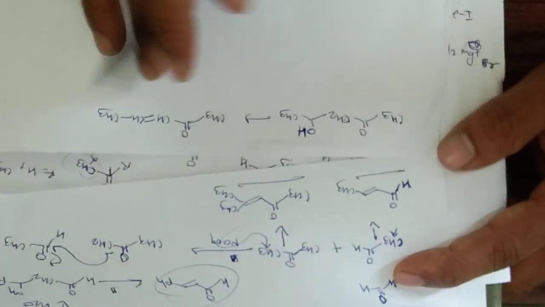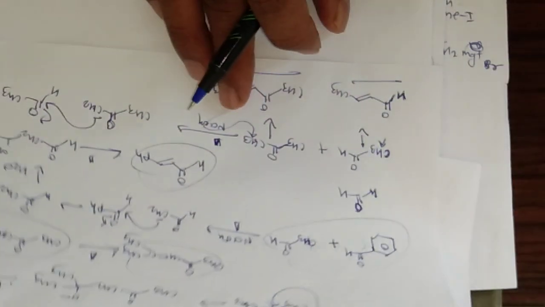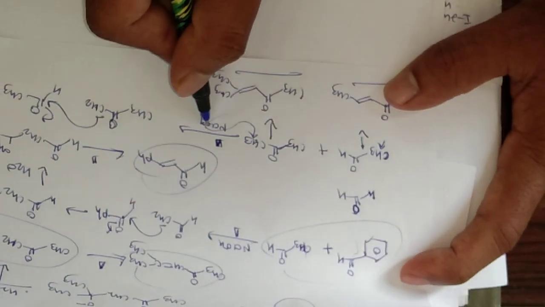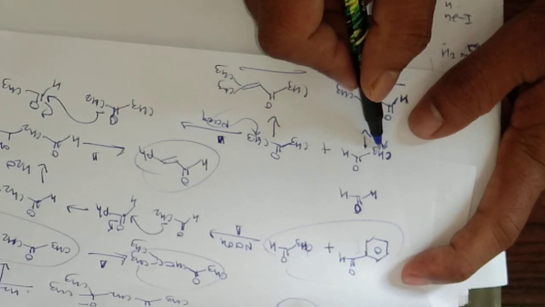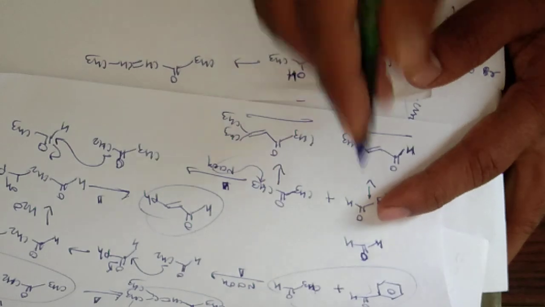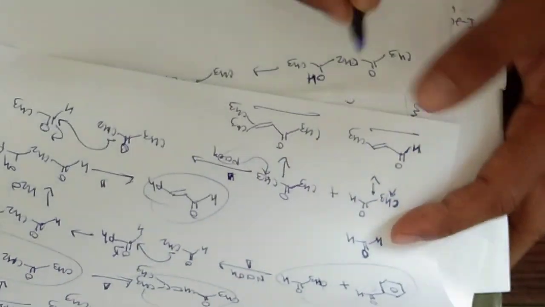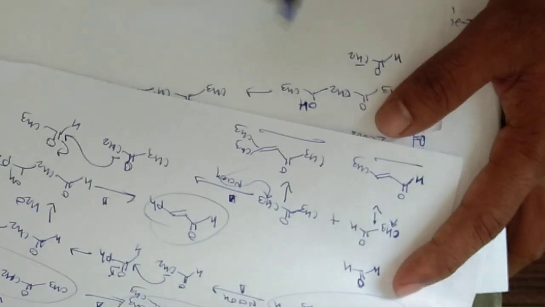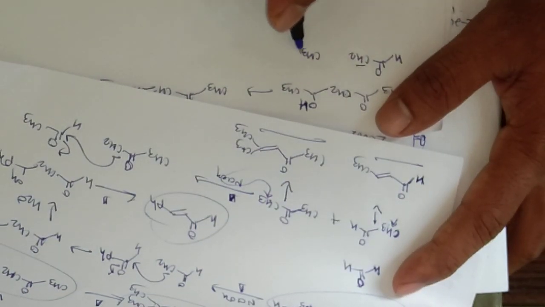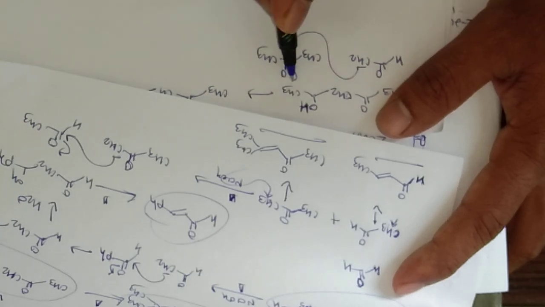One product is this. Now another probability is that the base will take a proton from the alpha carbon of acetaldehyde. If we take this probability, then H-C(=O)-CH2 minus will attack the carbonyl carbon of acetone. This bond will open.